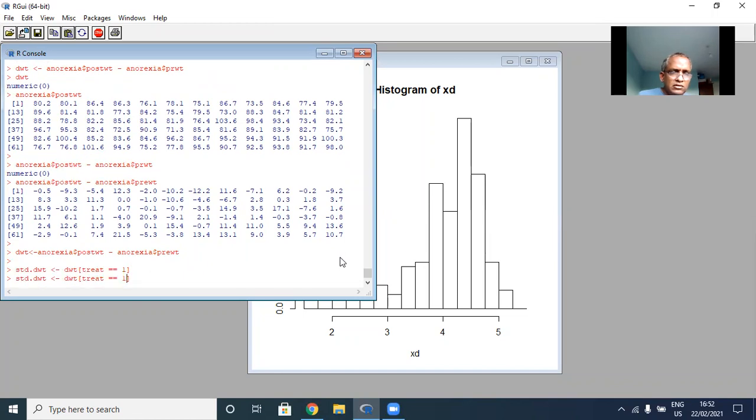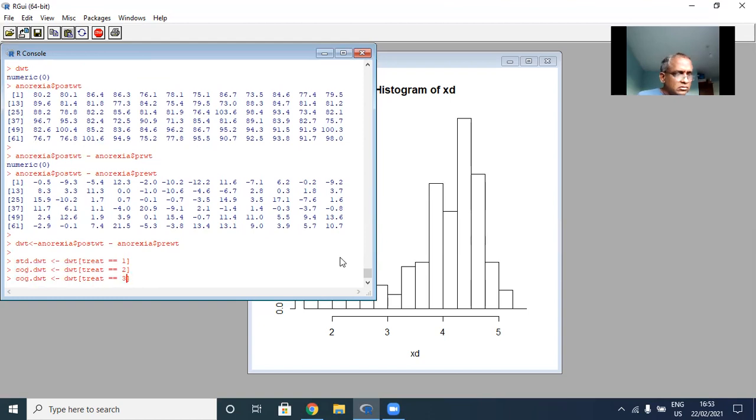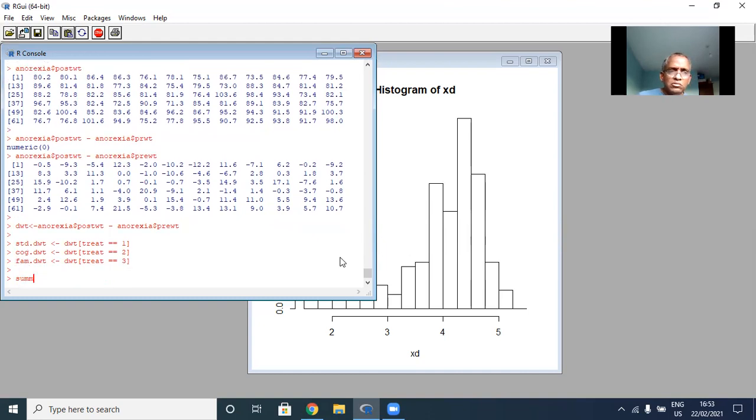Okay, this is standard. This is one. And this is one. Okay, then you should do a summary statistics of standard. Right, this is what you get.